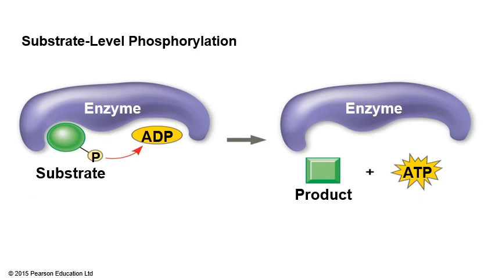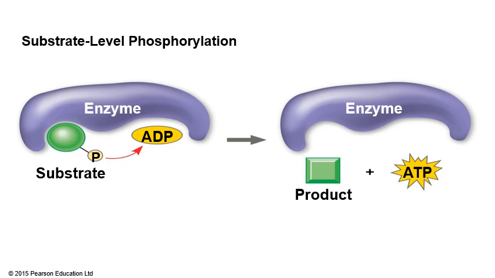The other mechanism produces a small number of ATP. That's the substrate level phosphorylation.